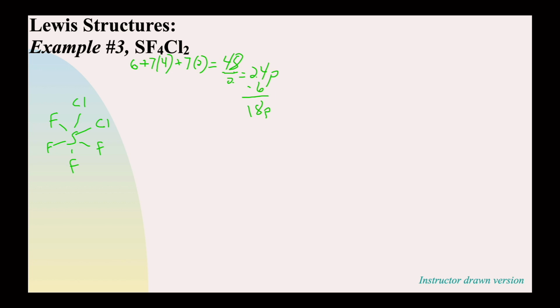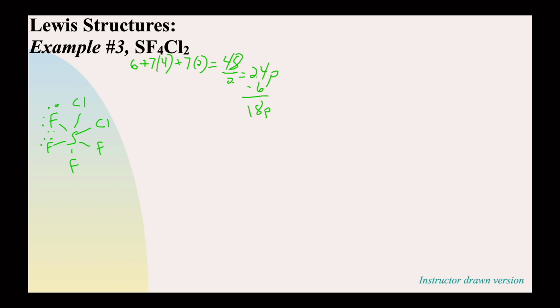And if there's any left over, we're going to put them in the central atom. So each of those atoms, fluorines and chlorines, can handle 3 lone pairs. 3 lone pairs plus a bonding pair is 4 pairs. That's the octet. And the outer atoms, you want to make sure that they get it. So I'm going to start on this fluorine and give it 3 lone pairs. That makes that fluorine happy.